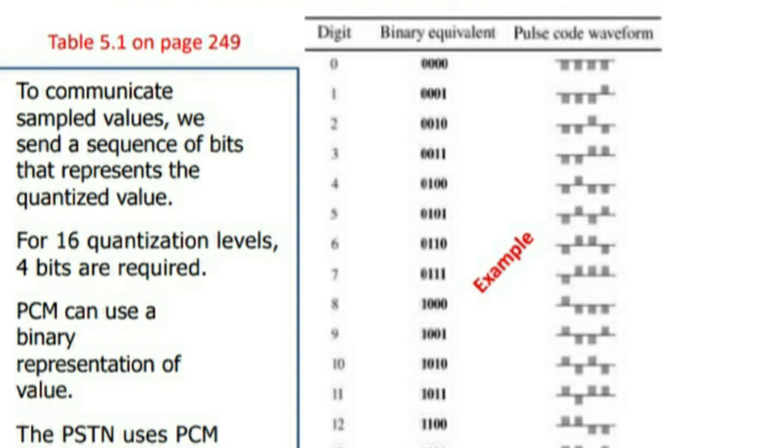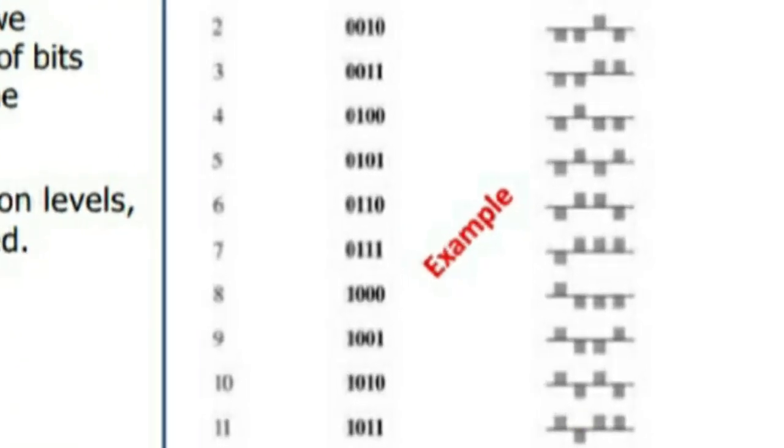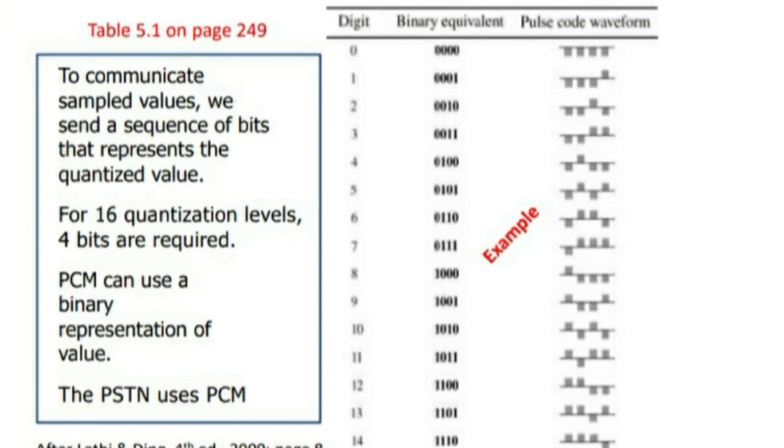If the first bit is 0, the pulse will start in the negative phase. If the first bit is 1, the pulse will start in the positive phase. The remaining 3 bits will determine the amplitude value. I have given the same thing in the notes along with the picture, but the different levels I think I have denoted with L.